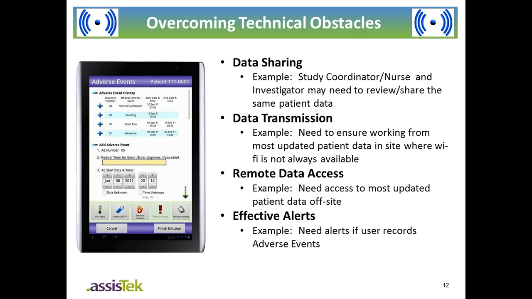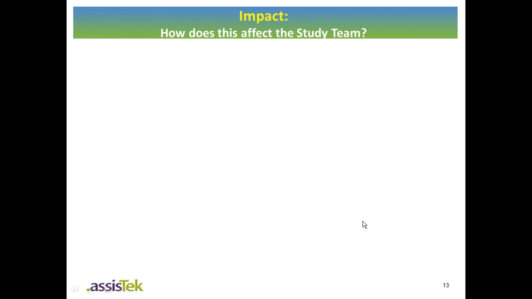In our case we do email alerts, and we can also do text message alerts, where key staff members can be alerted based on any out-of-bounds value or any type of field that you want to link to an alert, whether it's an out-of-bounds vital sign, an adverse event, and so on. Those can all trigger alerts, which I think have become very handy for the sites in terms of managing the study as well.